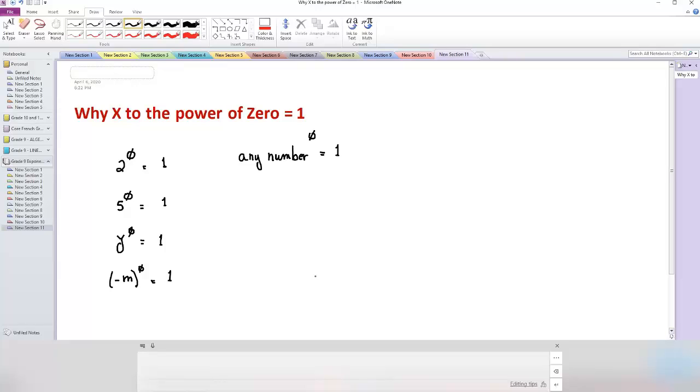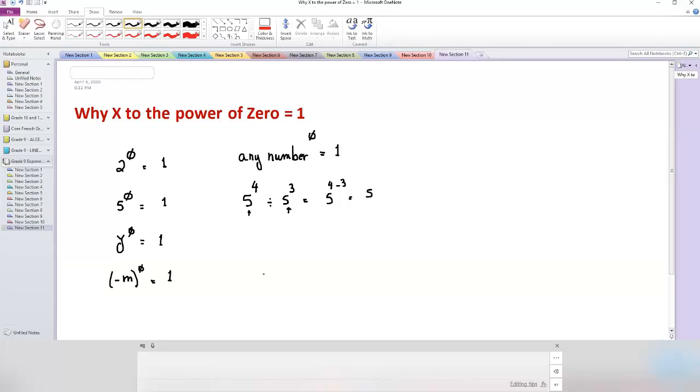Actually, to prove this, I need to use one of the exponent laws, which is for division. If you remember, when we divide, if I have 5, for example, to the power of 4 divided by 5 to the power of 3, since I have the same base, I take this base and subtract the exponents.